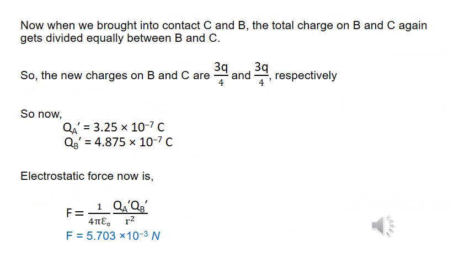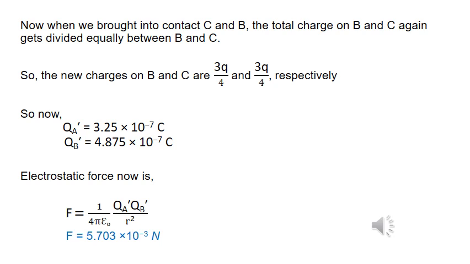Next, we bring C in contact with B after removing it from A. Again, the transfer of charge occurs equally between the two bodies, and now the charge on B is 3Q/4 and on C is 3Q/4.